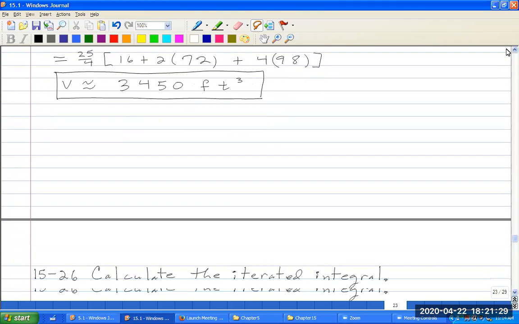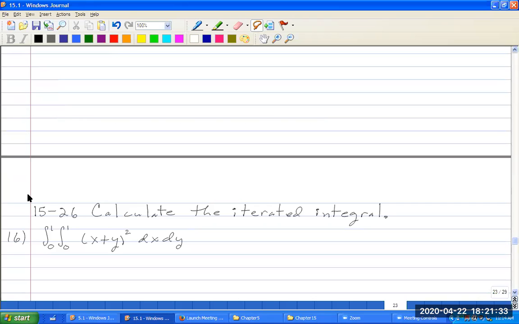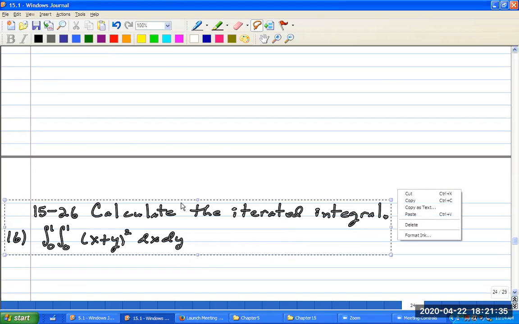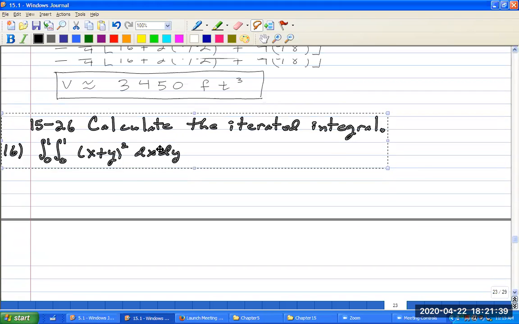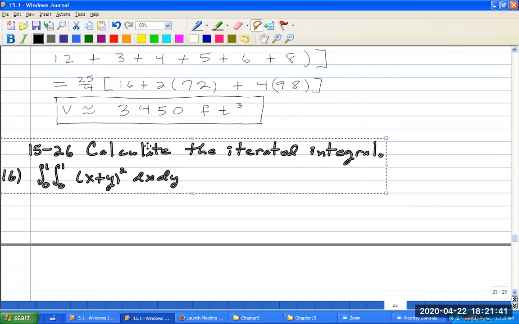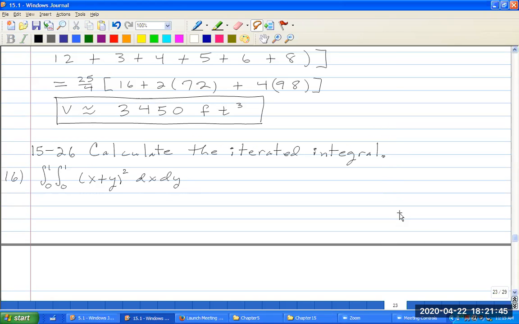Let's do another example. Problem number 16. So here in this example, we're actually going to evaluate a double integral. And so let's do the following.